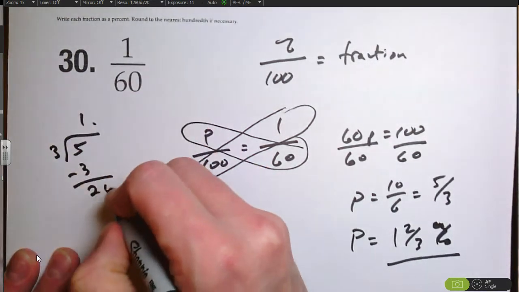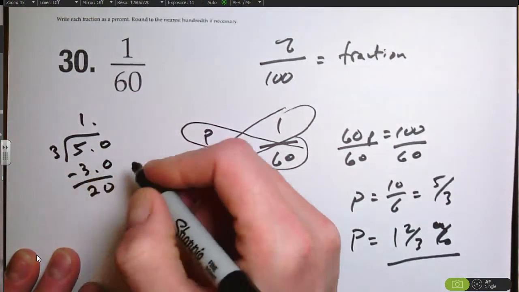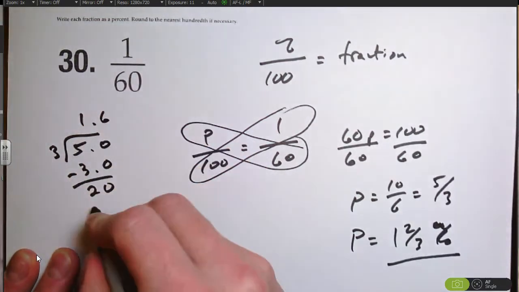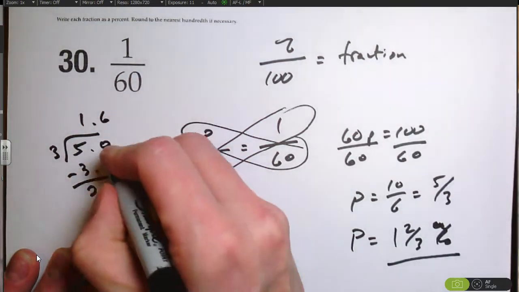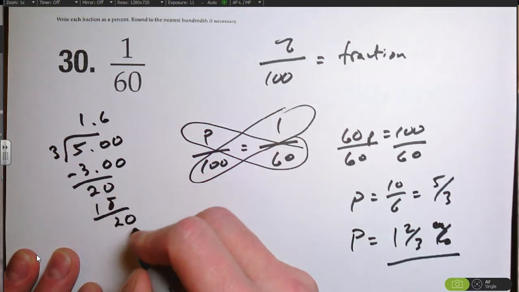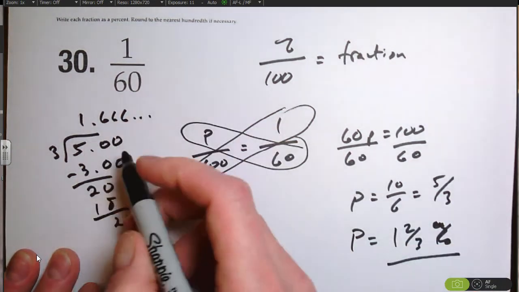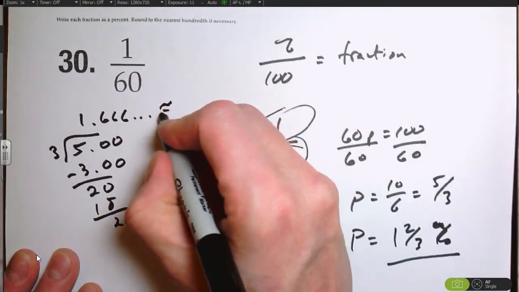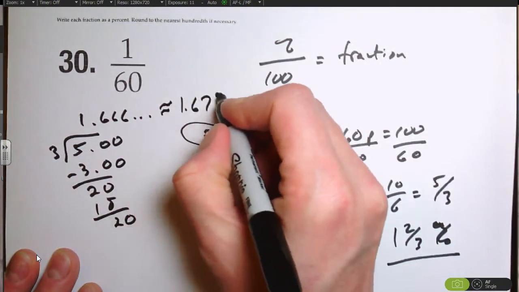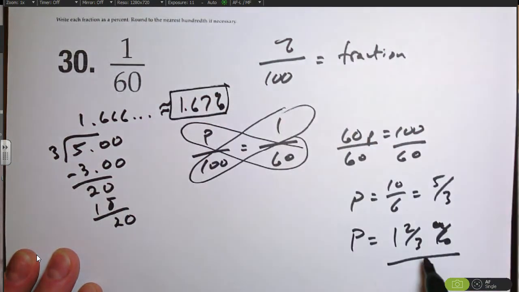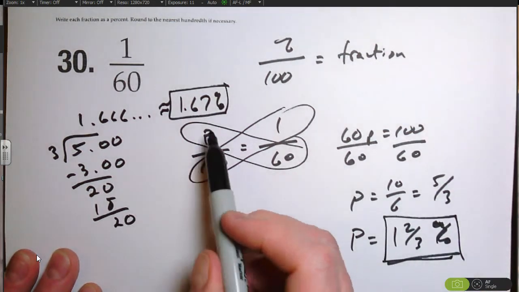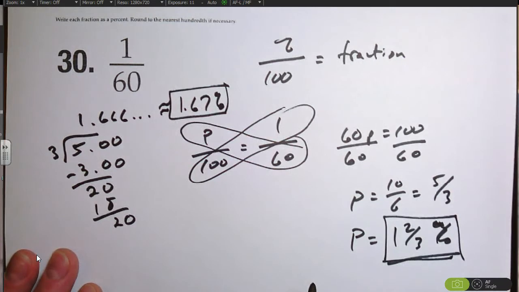It goes into 20 6 times for 18. And then I'm going to start getting repeating. So it's 1.6 repeating, which is approximately 1.67%. So I like this because it's exact, 1 2/3%, but the book said round to the nearest hundredth, that says 1.67%.